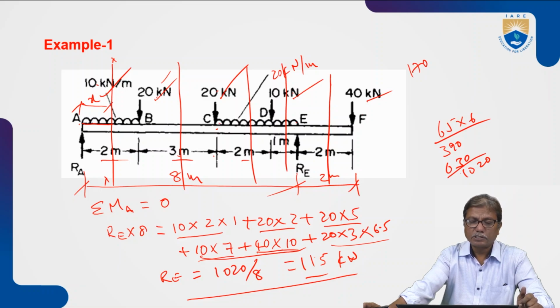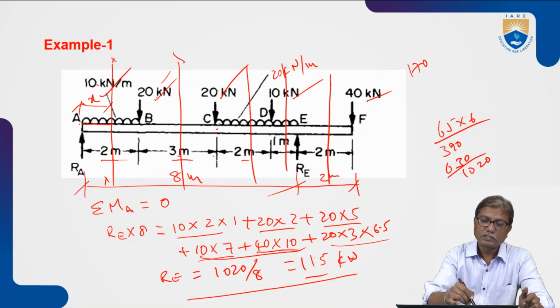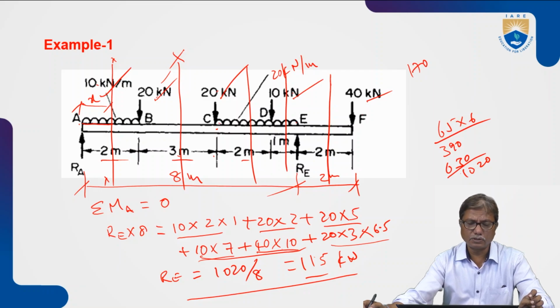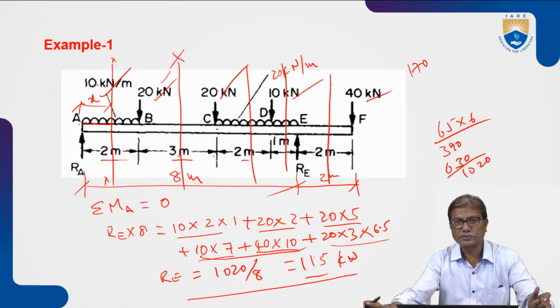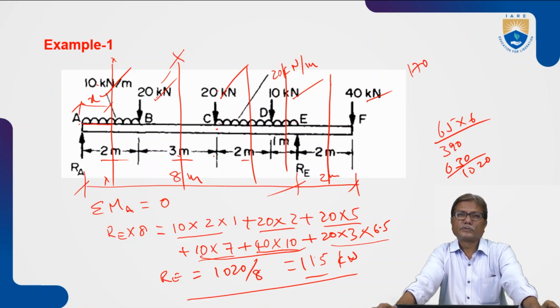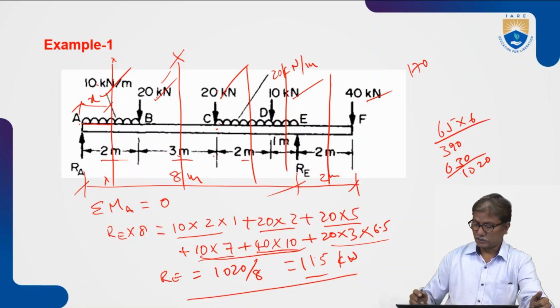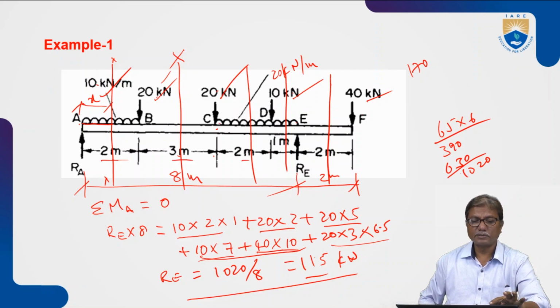Again, from B to C, you need to consider the next section. Actually, between B and C, the shear force remains the same because there is no load. Shear force will be constant between B and C, but the bending moment changes. So first you consider the section in AB.